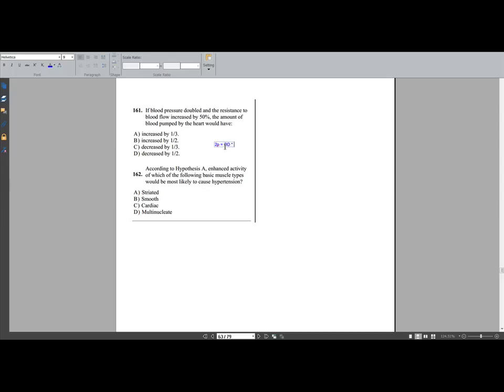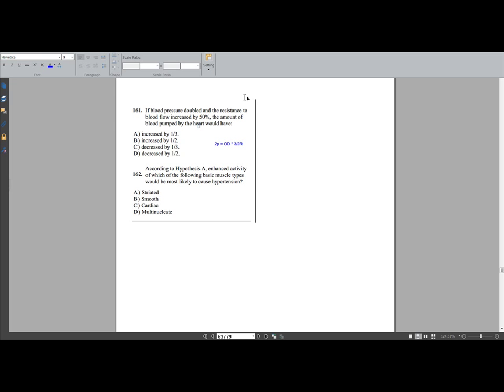I don't remember, times. Since it's increased by half, then it's 3 out of 2 of resistance.